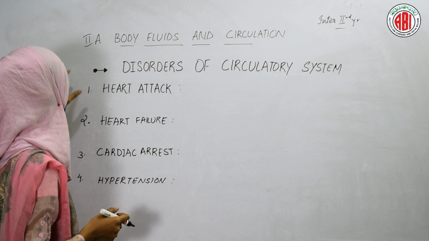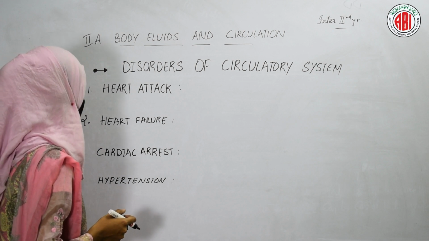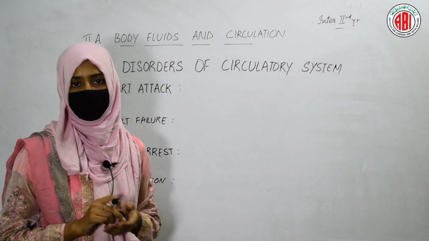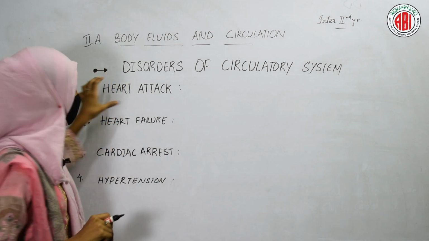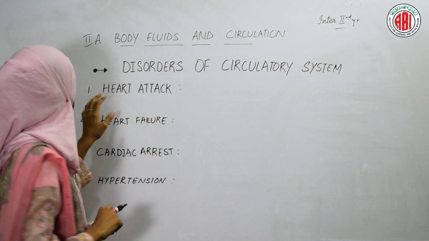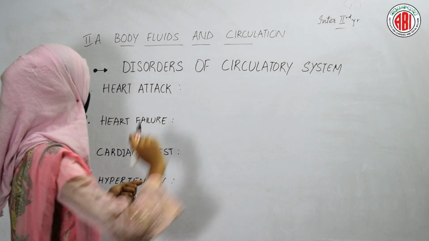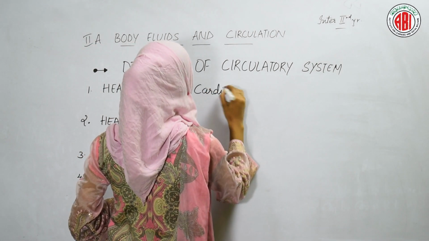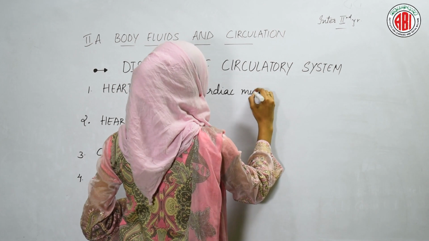If you have heard the terms heart attack, heart failure and cardiac arrest, you might think that these three are interchangeable terms, but it's not like that. These three disorders are different from each other in some way. Heart attack: the heart is an organ made up of cardiac muscle cells.